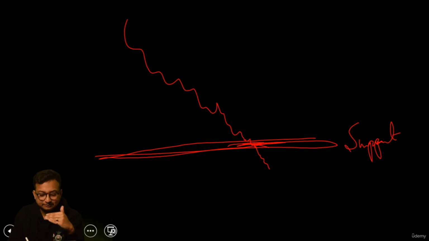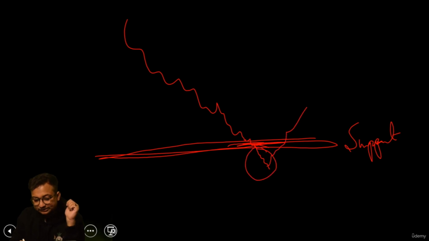Now what happens is sometimes it does not work. The breakout does not work. Market again moves like this. Here what happens is, on the breakout from the support, you have taken the short entry. You are also bears now, right? Whoever has taken the short entry, they all are bears now.